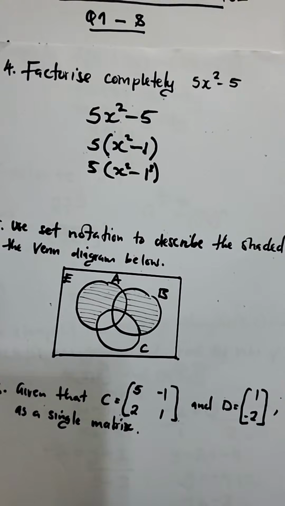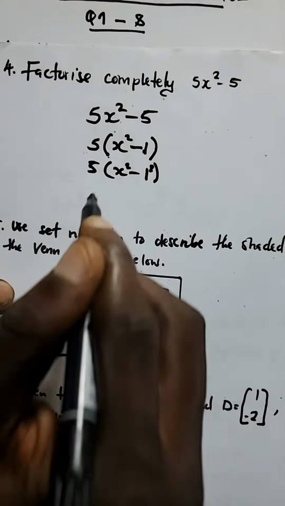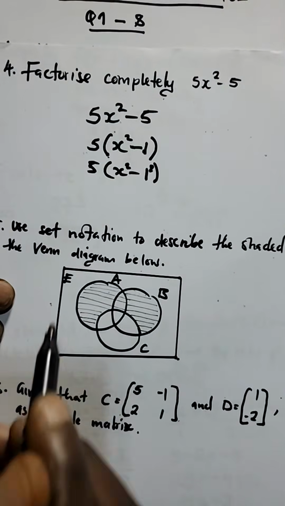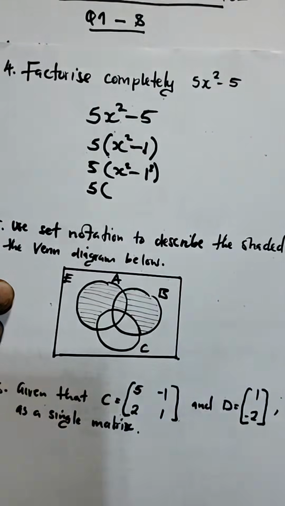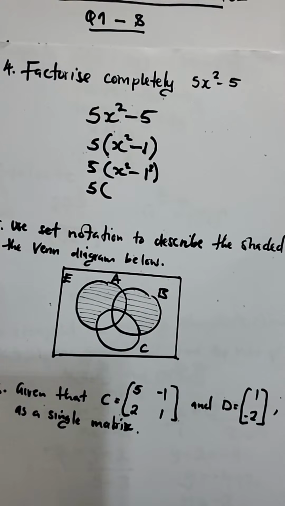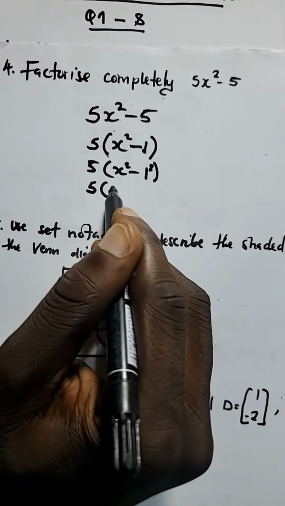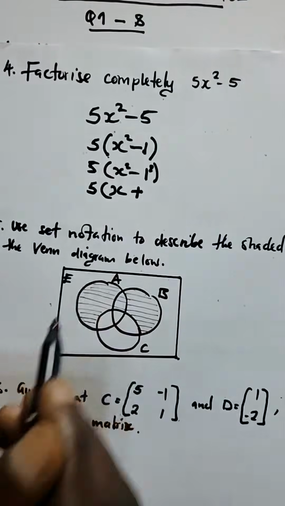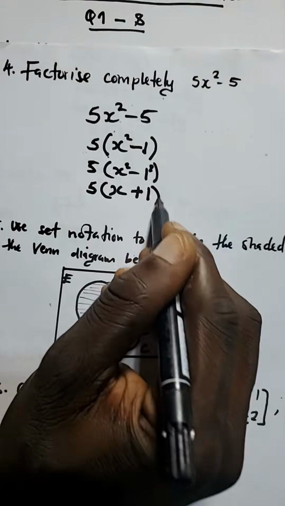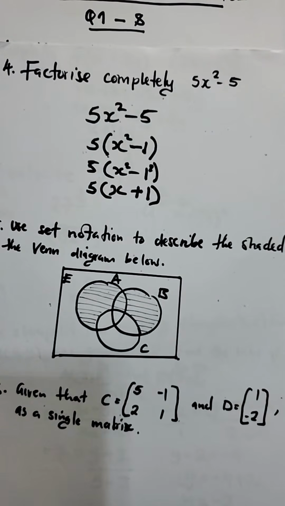Now, since it is a difference of 2 squares, we are going to write the 5 the way it is, then write one of the x's. You have 2 x's here, so just write 1, then plus one of the ones here, which will be just positive 1.